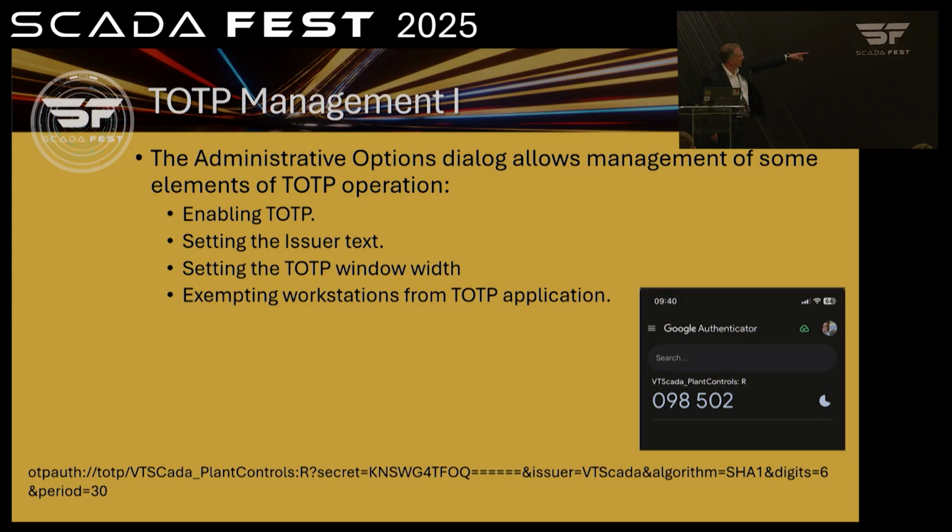And yes, I have a screenshot of the Authenticator. So that URI string translated into that registration. The secret you're not going to see, but you will see the label of the registration as VTScada plant controls R. And this is how you differentiate in that long list of your Authenticator registrations.